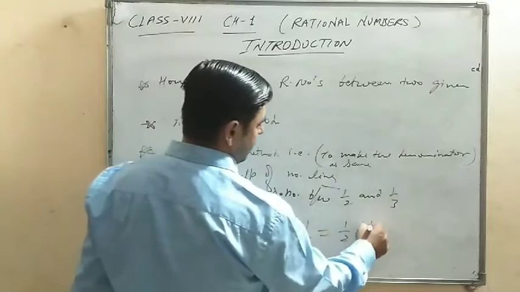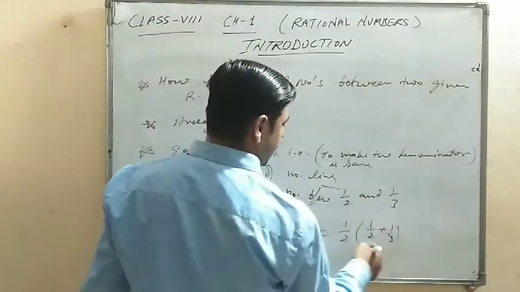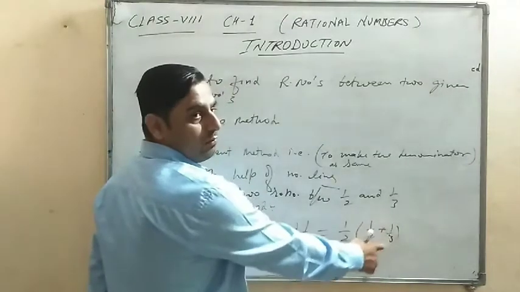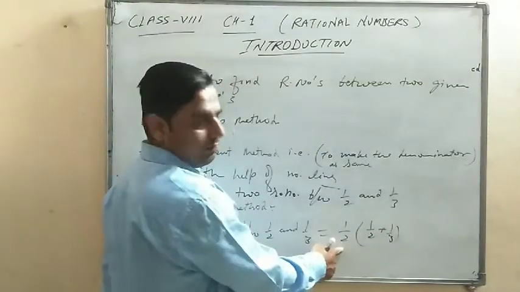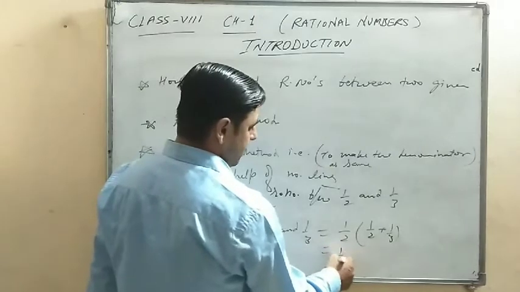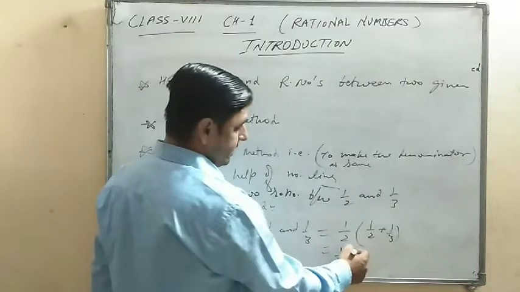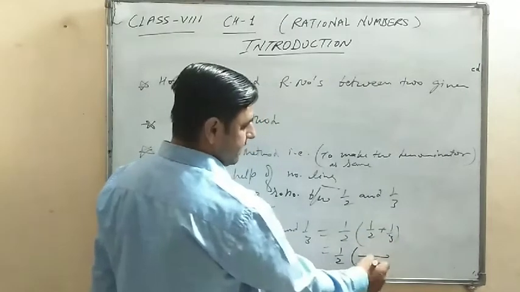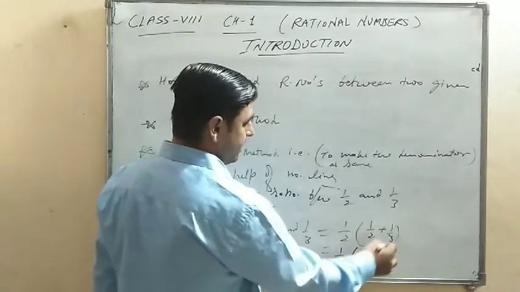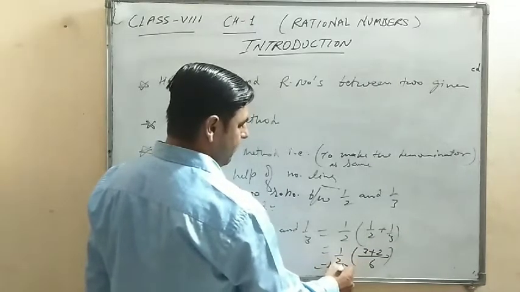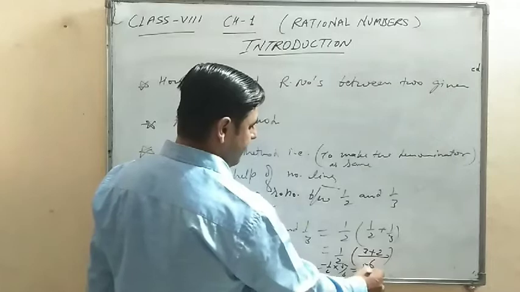Then you have to add both numbers, then divide by 2. Sum of observations divided by total number of observations. Then you have to solve the numbers inside the brackets. So with the help of LCM, 6/2 is 3, 6/3 is 2. So the result is 1/2 into 5/6. So the result is 5/12.